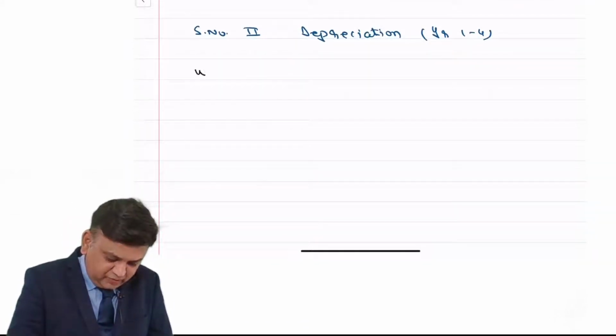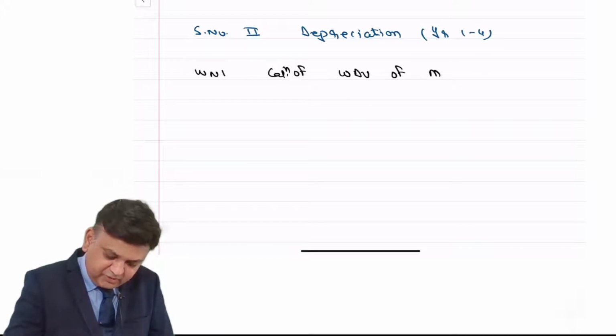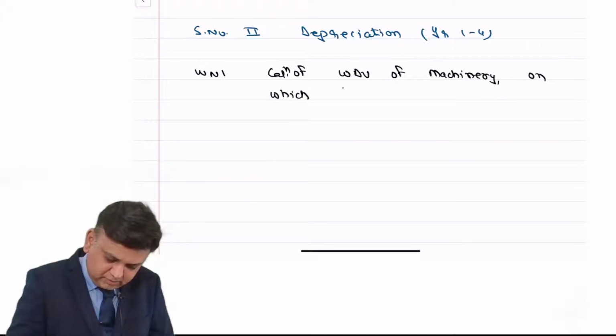In step number 2, first of all, working note number 1, calculation of WDV of machinery on which depreciation can be claimed.